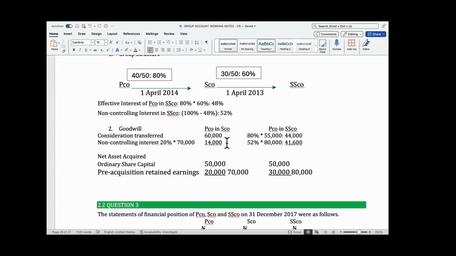I will still look at the video after the class, I might have more understanding if I watch again, but I'm just trying to understand why we do 80% for the consideration transferred, and for the non-controlling interest itself we are using 52%. Why 80% and this 52%, is it more than 100, sir?